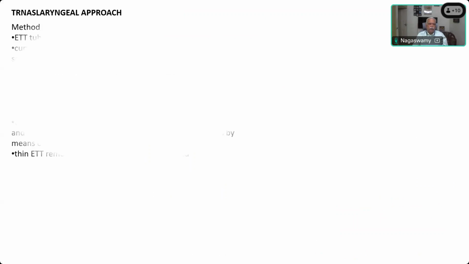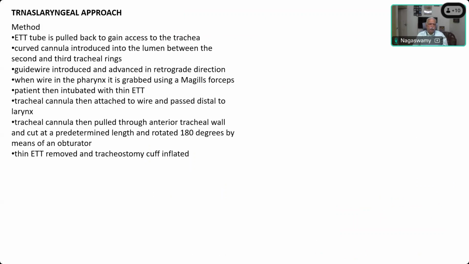The third method is called the translaryngeal approach, where the ET tube is pulled back to gain access to the trachea. A curved cannula is introduced into the lumen between the second and third tracheal rings. A guide wire is introduced and advanced in a retrograde fashion, not towards the carina but towards the pharynx.